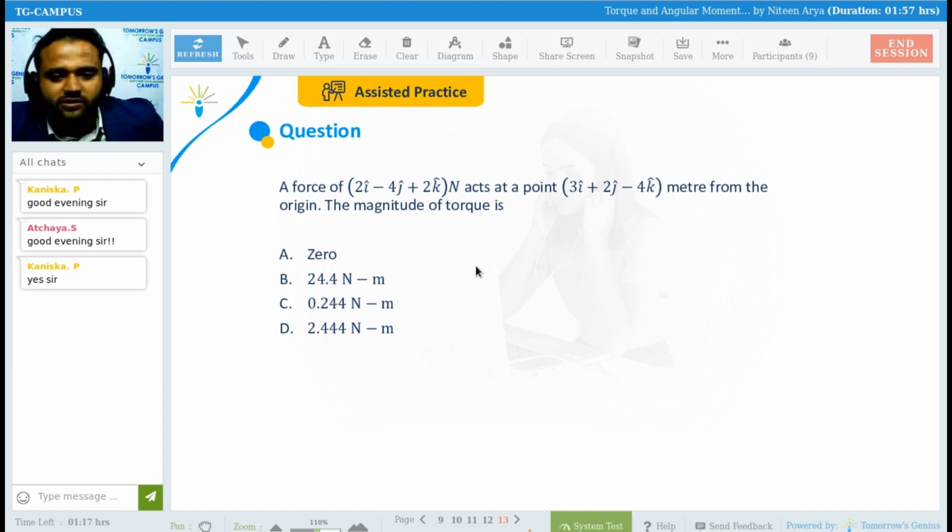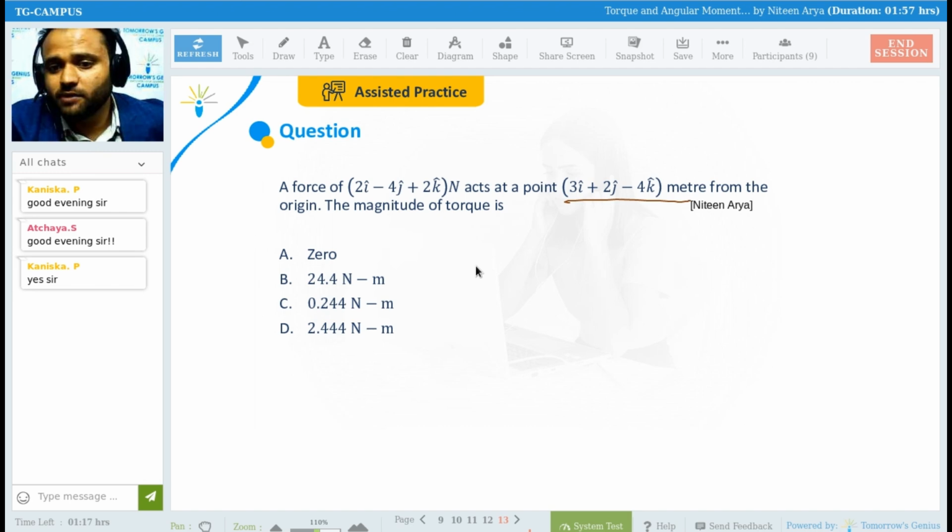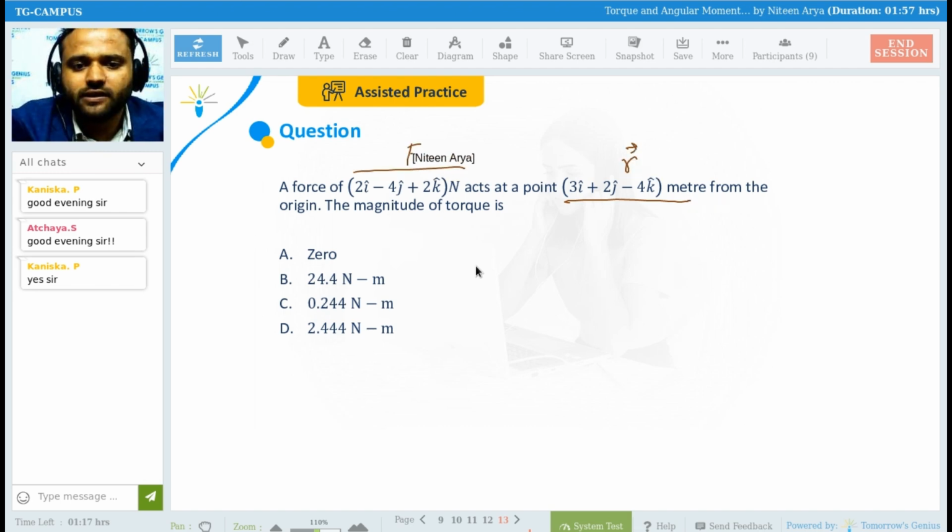Okay, do this then. Magnitude of torque. You need to just use the cross product. Force is given at a point, R is given. Because it is in meters, as you can directly read it, obviously it is R, and it is in Newtons, so obviously it is F. And what you need to find?